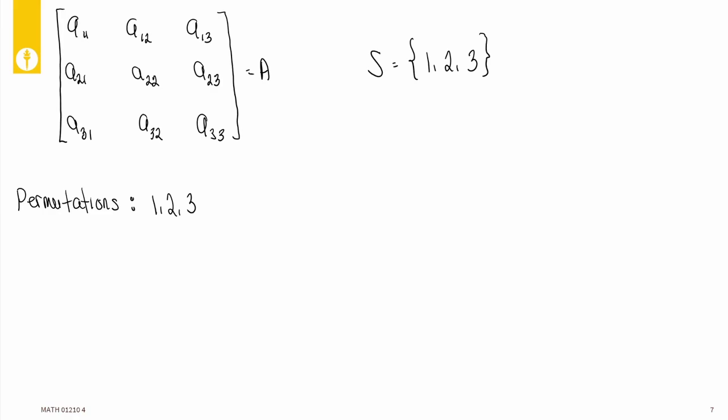Another permutation, 1, 3, 2. How did you get 6 permutations? 3 factorial.